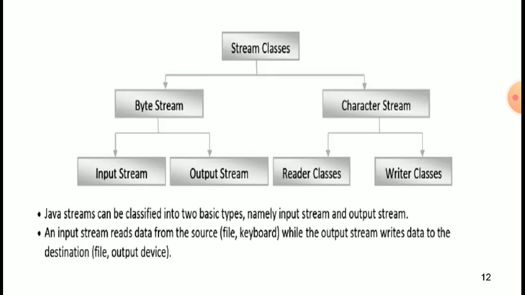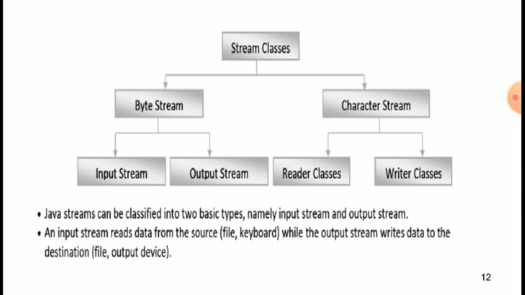So that is a classification of stream classes. The first is the stream classes, byte stream and character stream. Byte stream is divided into two categories. First is the input stream and second is the output stream. Character stream is also divided into two categories. First is the reader class and second is the writer class.